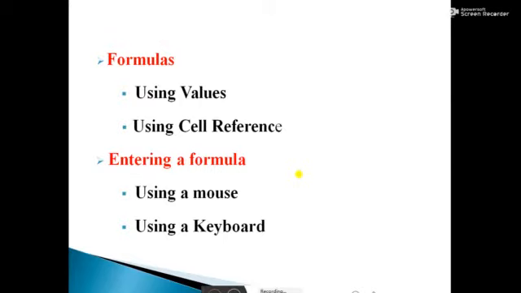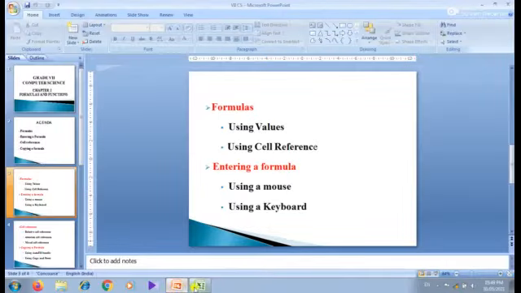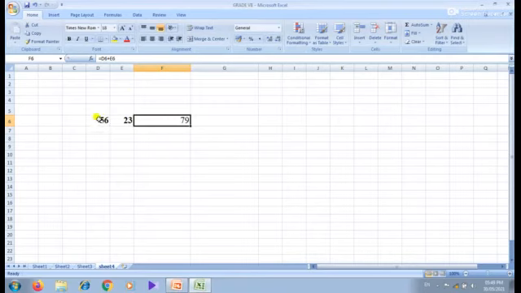entering a formula. Here we can enter a formula in two ways, using a mouse and using a keyboard. I will explain one by one. So how can we enter a formula using mouse? Let me see. So I'm going to erase all those things. Okay.